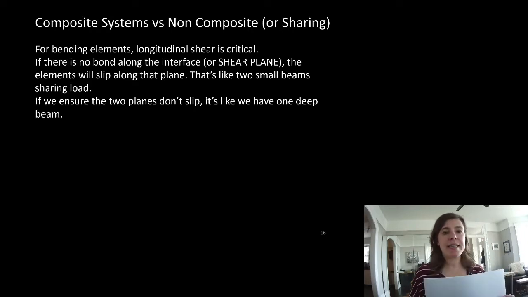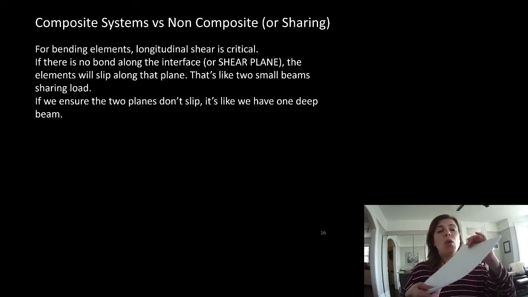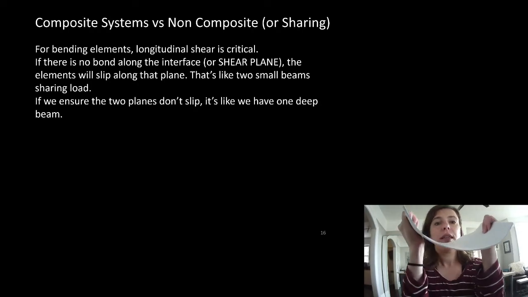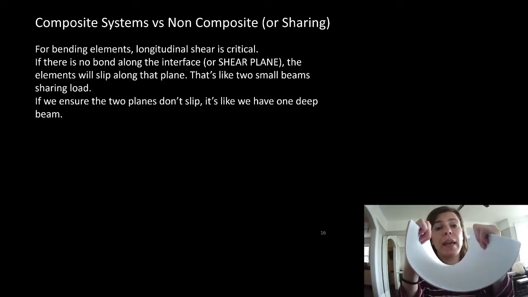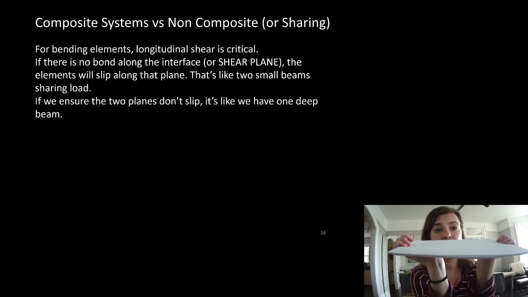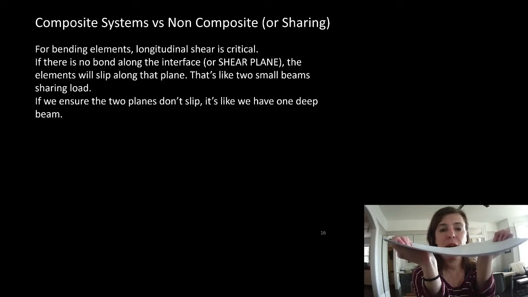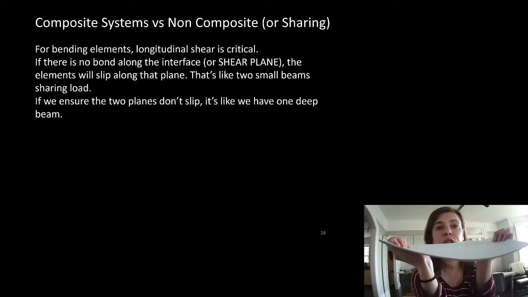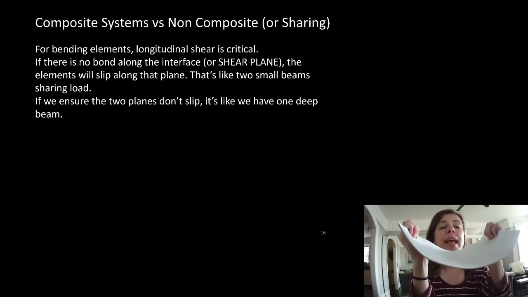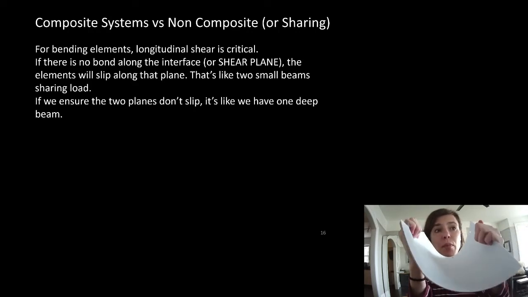So if I take this stack of paper again, what's happening is these papers are all slipping along the planes relative to each other, or along the longitudinal shear planes. If I have 50 pieces of paper here, I've got 49 longitudinal shear planes. What we're saying is that we don't let those slip relative to each other.